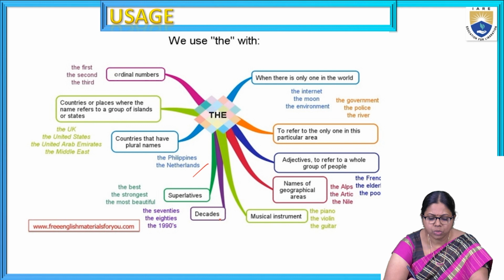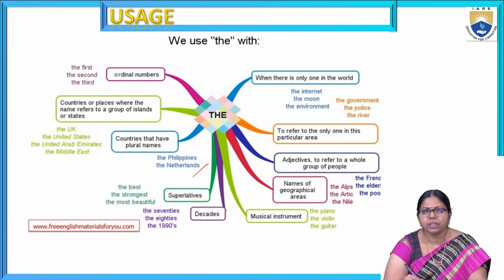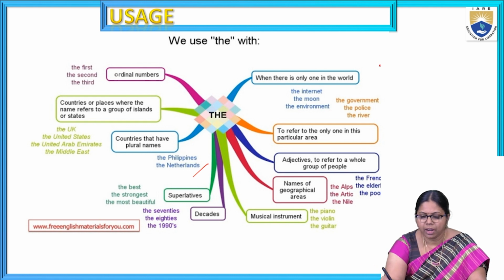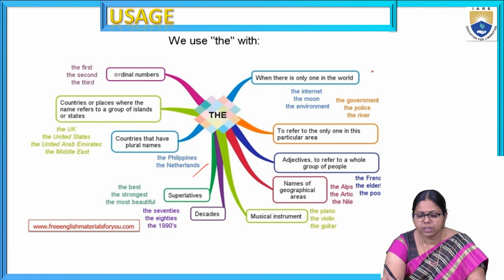And the is also used before decades: in the 80s, in the 90s, in the 70s, before the names of decades. And the is also used when there is only one of its kind in the world, like the internet, the moon, the sun, the environment.